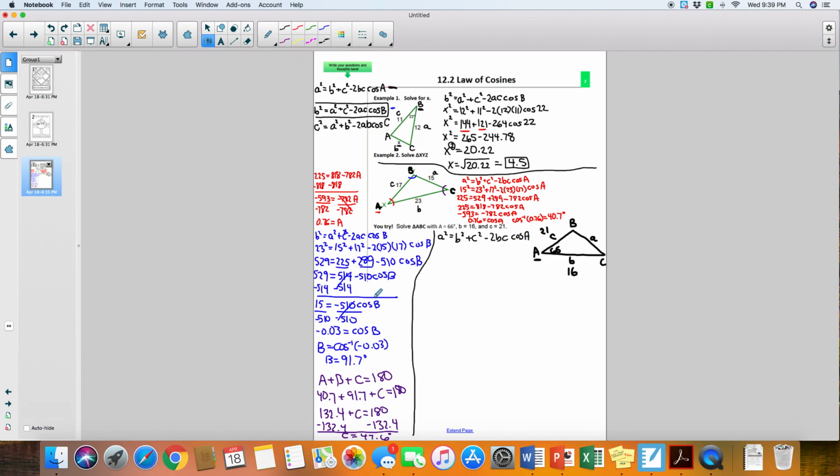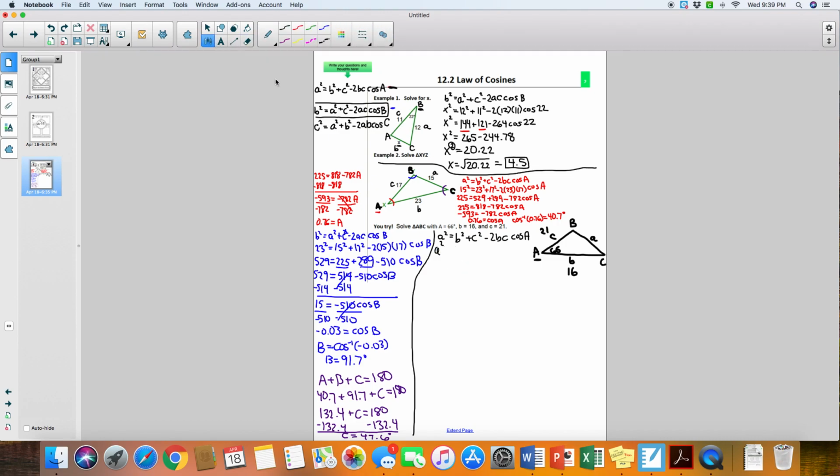So that's the formula that I'm going to use because I have angle A, and I am going to use a formula that has angle A in it. So a is unknown, so I'm going to leave that as a. I keep wanting to put a plus sign there.